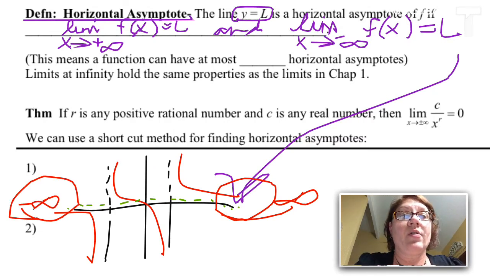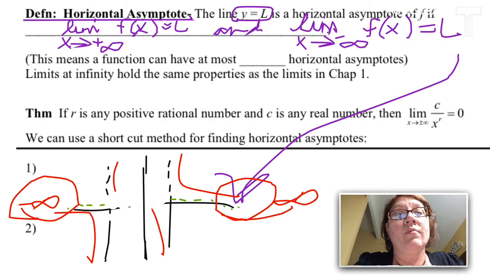That's the definition. So the reality is I could literally erase that green line here in the middle. It doesn't really affect the middle anyways. It's only really referring to the actual tails of my graph.